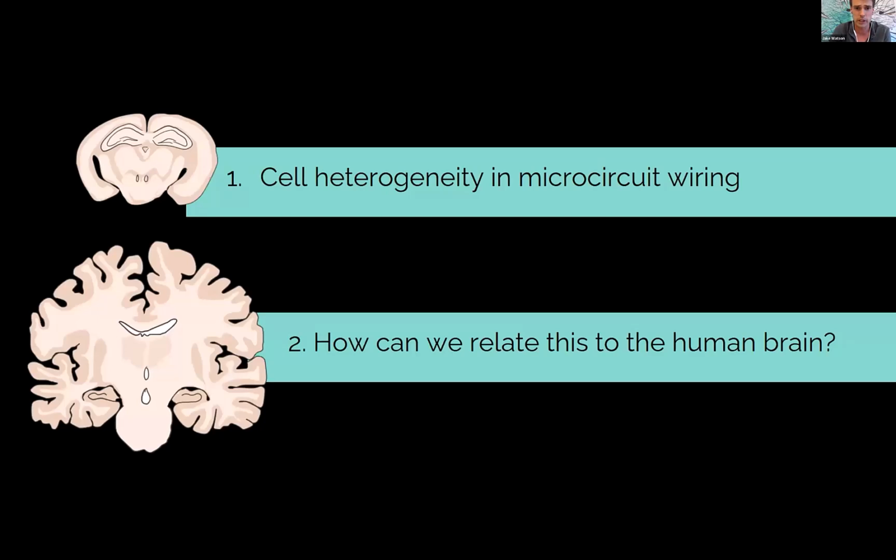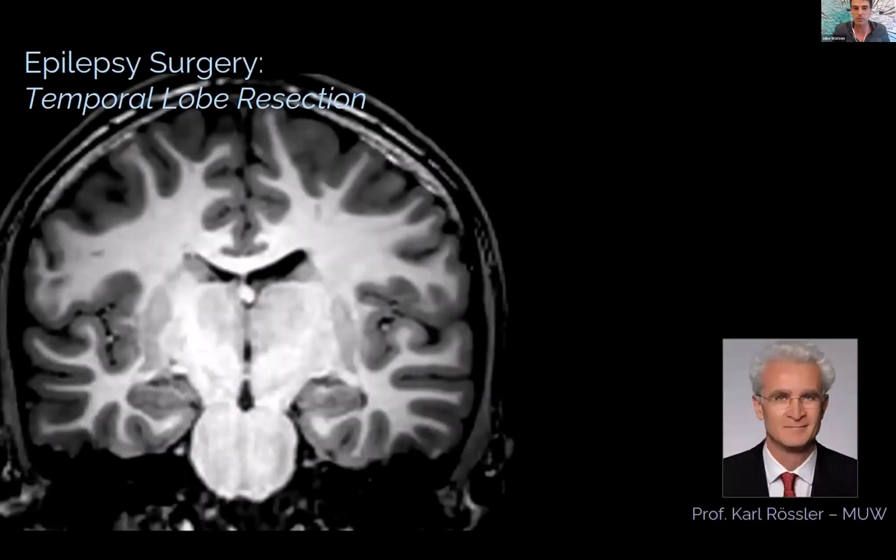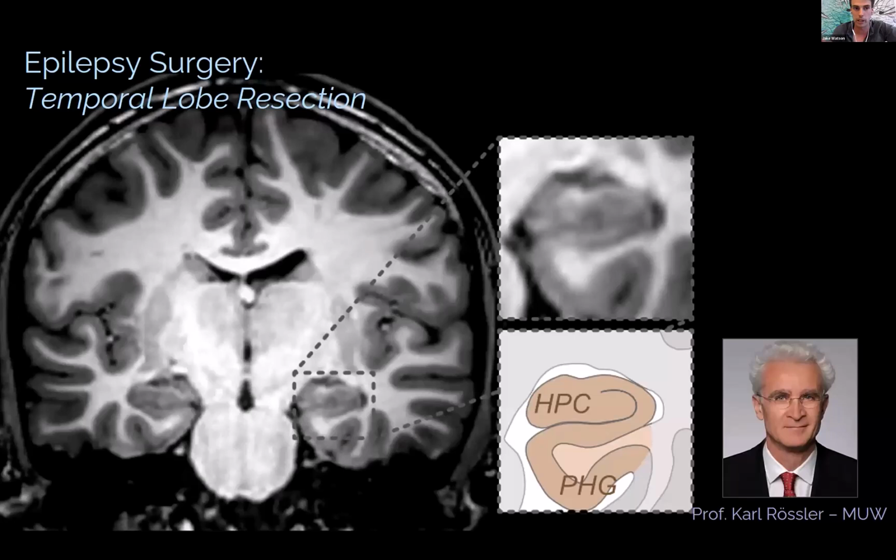So this work is my second bullet point. And so this is a collaboration that has started with the Medical University here in Vienna with Professor Karl Rösler. He is the head of neurosurgery there, and his is one of the most fantastic collaborations I've ever been involved in. And so he's performing surgery on human patients for epilepsy.